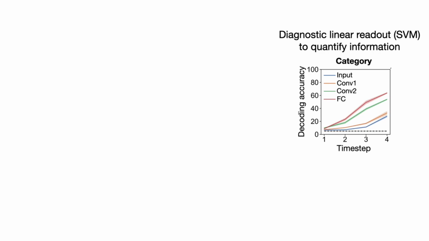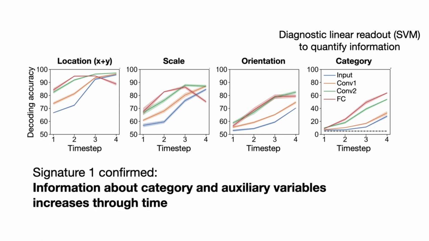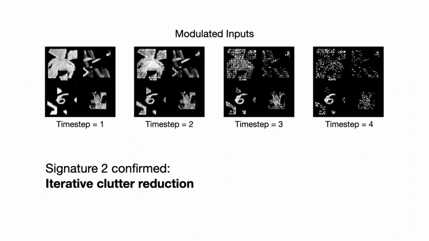This is a signature of iterative category inference. Correspondingly, we also find an increase in information about all 3 auxiliary variables through time. This confirms the first signature. So the network is actually extracting these auxiliary variables, which are category orthogonal and not task relevant from our standpoint.